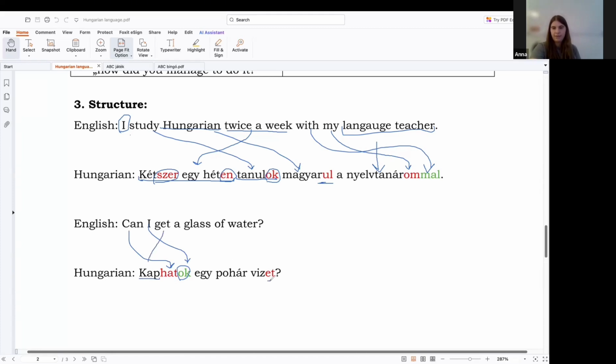And then pohár víz, that's a glass of water, and it's also the object of the sentence, which in English you don't have, but in Hungarian we always mark the object with a t or some kind of t. Now the verb is in the beginning. It's a bit different if you are using a question or a positive sentence. If you're interested in this, you might take another course which tells you a bit more about it.